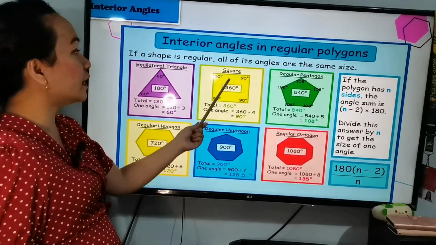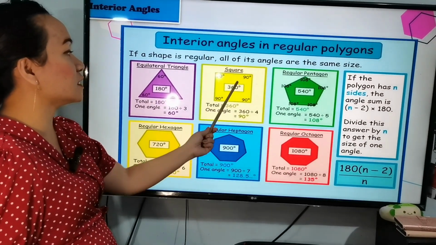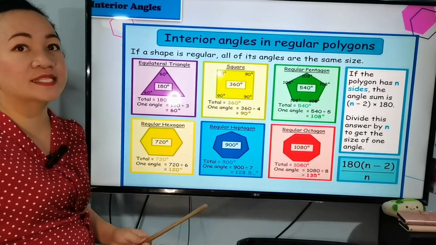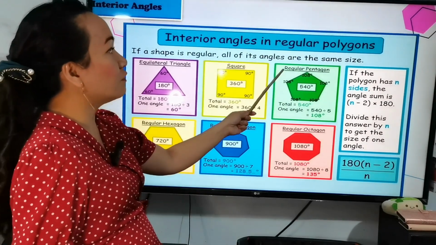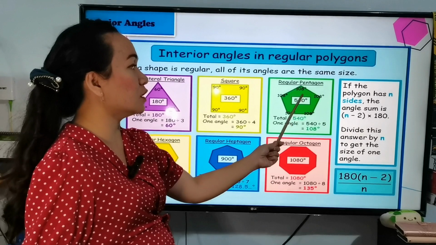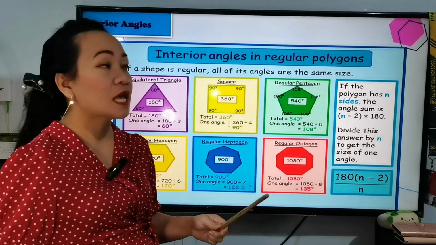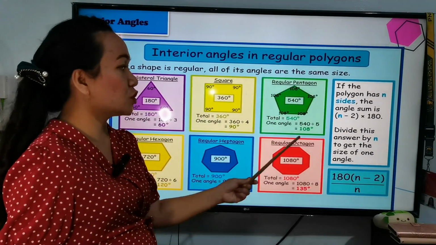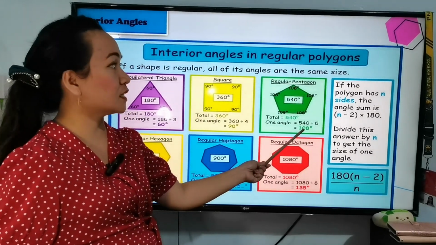We have the square. The total of the interior angles is 360 degrees and each angle measures 90 degrees. We have the regular pentagon. The sum of the interior angles is 540 degrees and each angle measures 108 degrees.